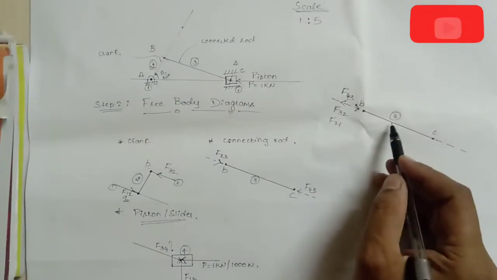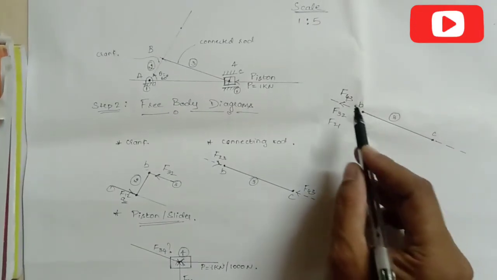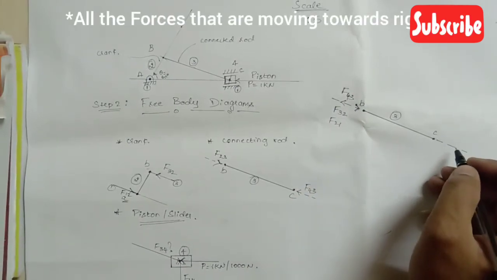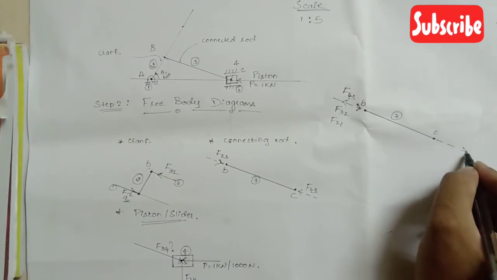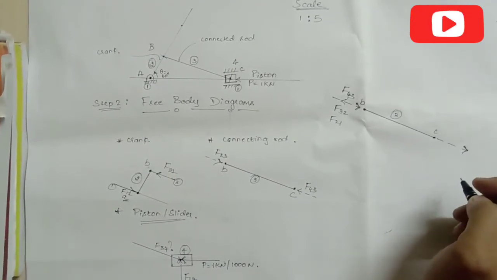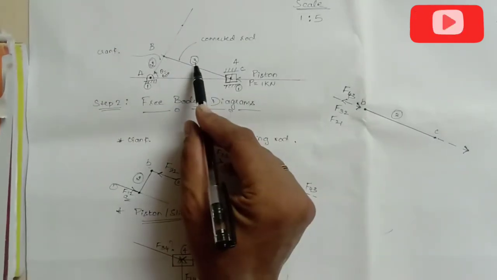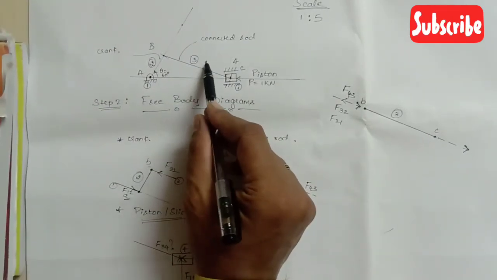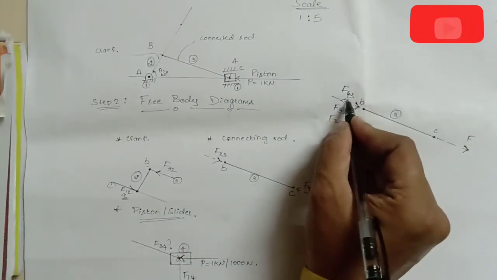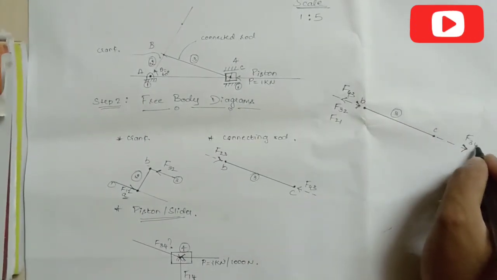Now, since this is a body which is acted upon by these forces, there will be reaction forces acting in the opposite direction, and these are represented by an arrow directed away from link 3 here. In this case, link 3 will be exerting a certain force on the piston. This force is equal and opposite to F43, and I will represent it as F34.